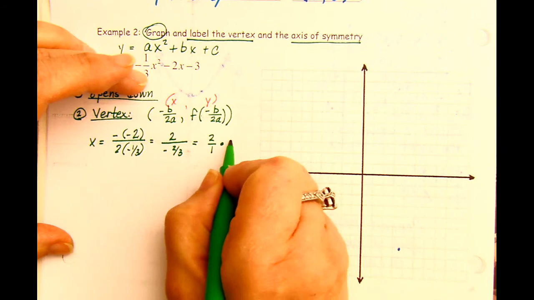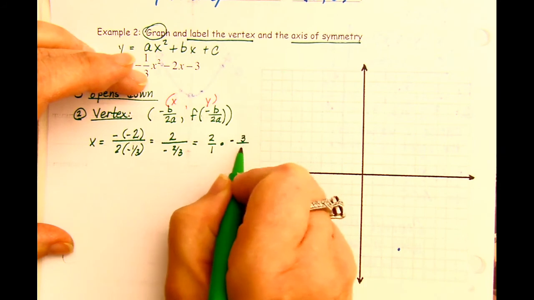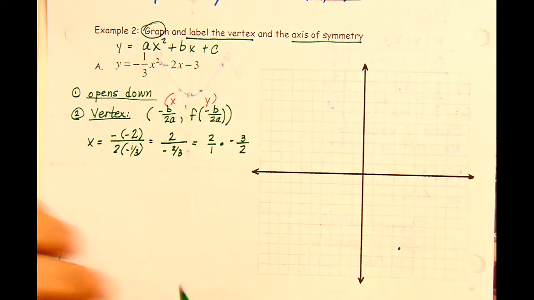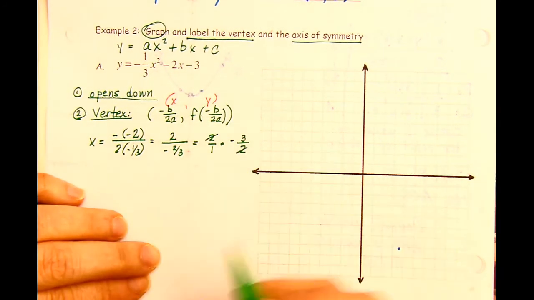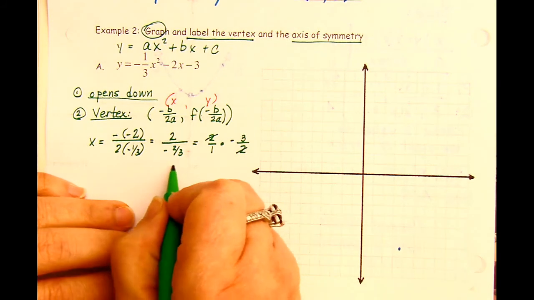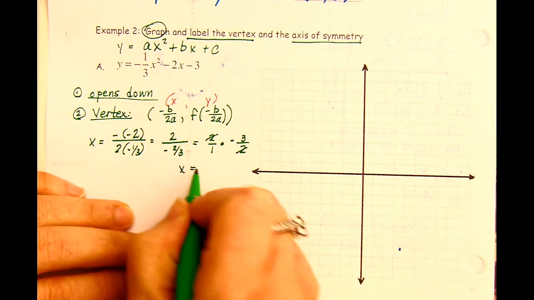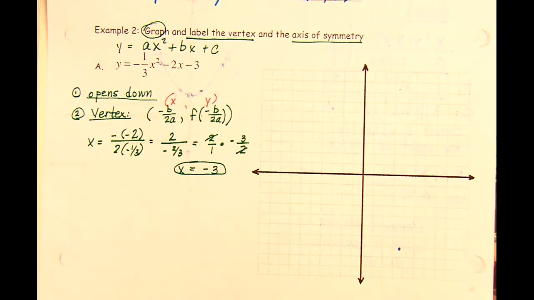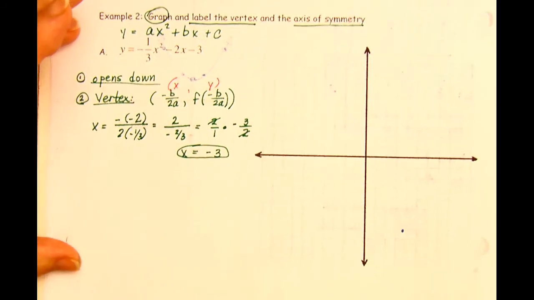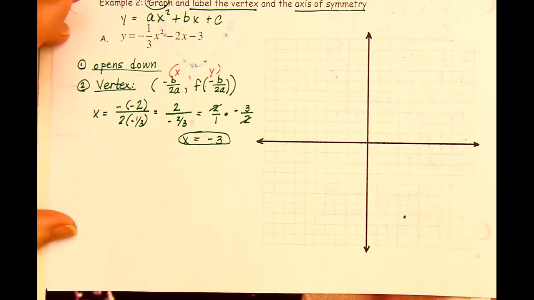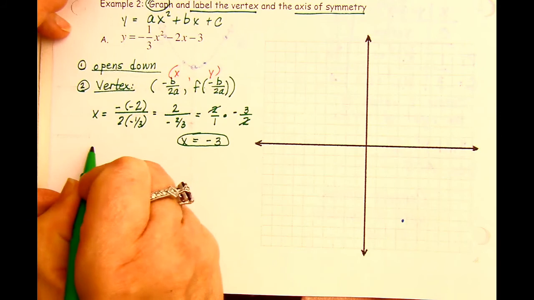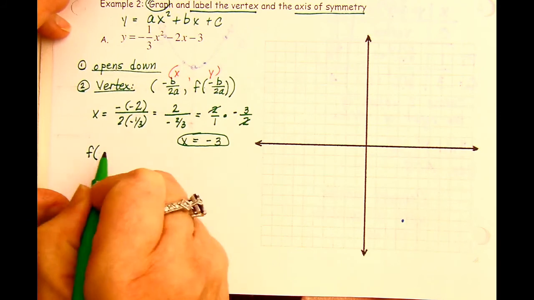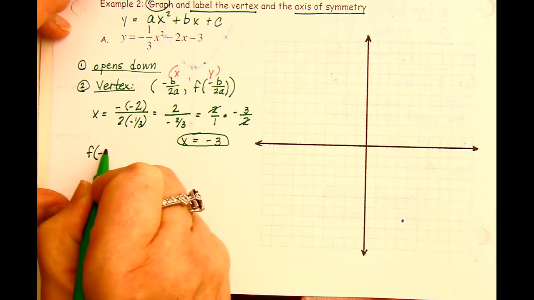So this is times negative 3/2. All right, the 2's are going to divide out, and I see that my x value is negative 3. That's the x value of the vertex. Now I have to find the y. So I'm going to find, excuse me, f of negative 3.